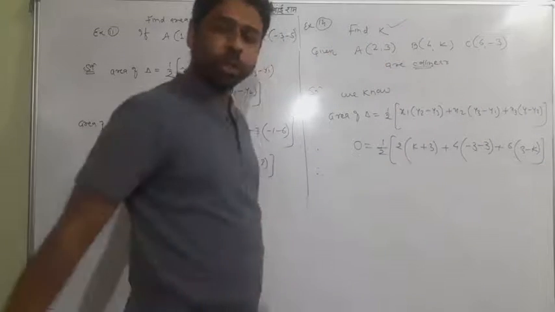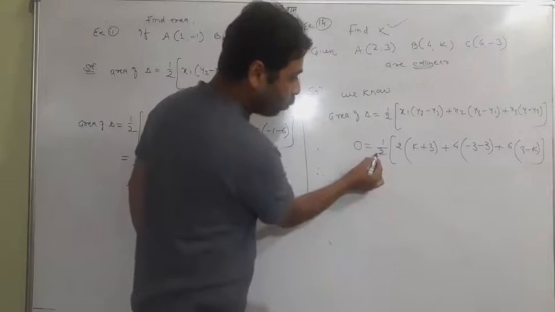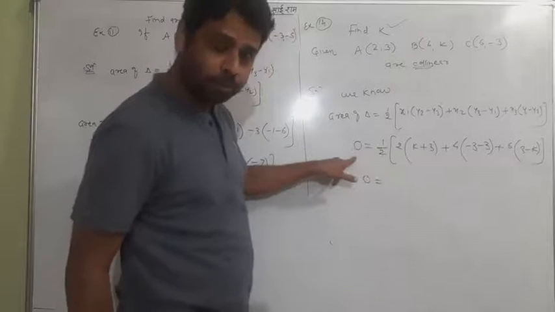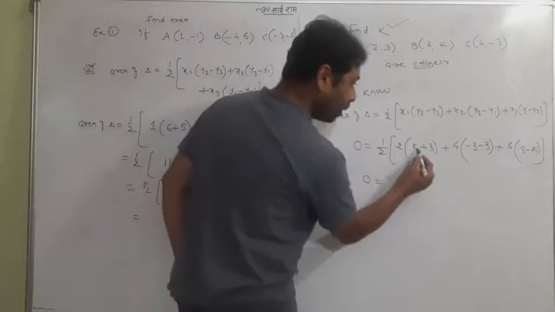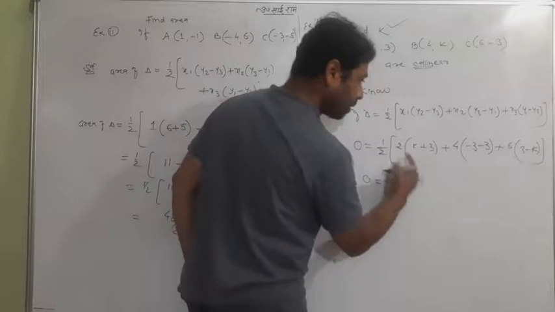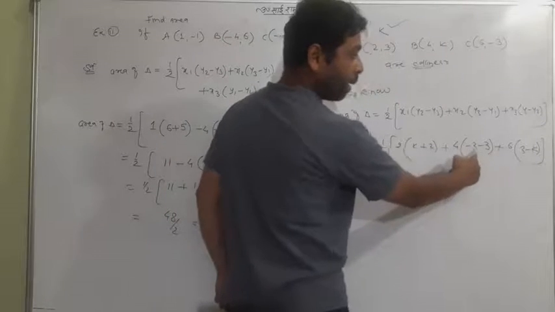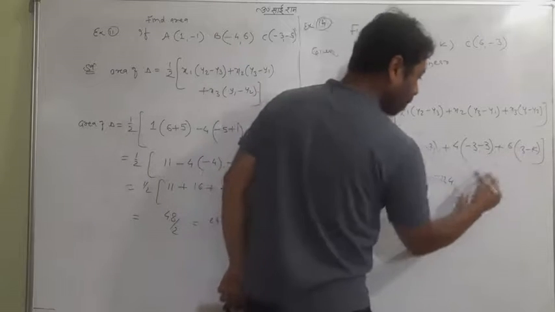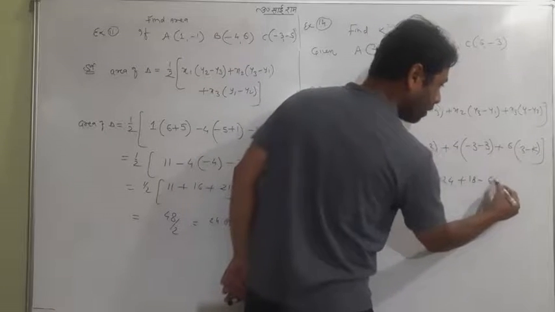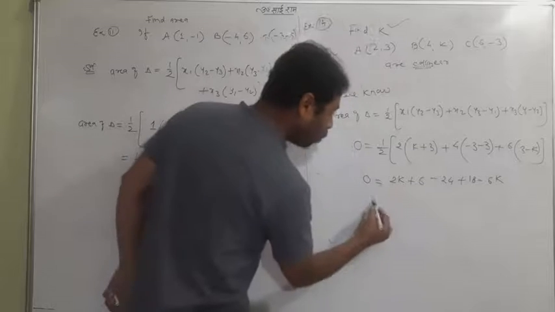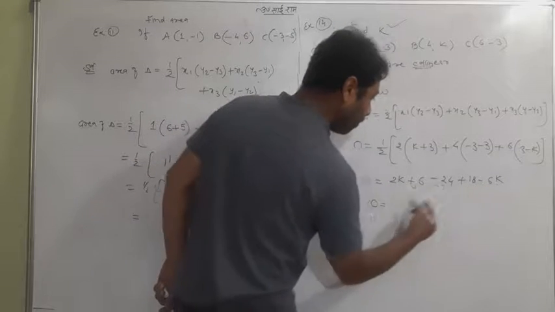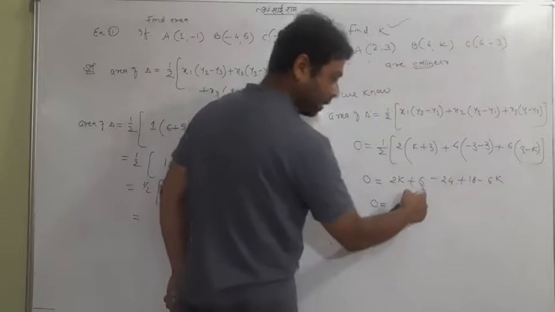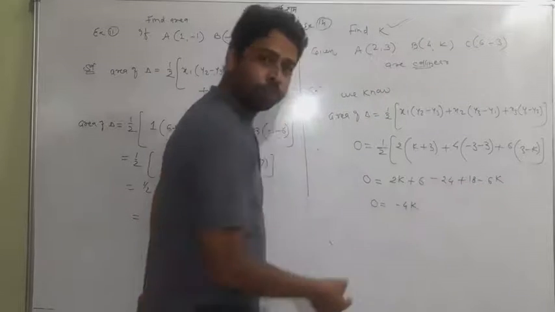This equation equals 0; transfer the half to the other side and cross multiply with 0. Now multiply: 2k plus 6, then -6 times 4 is -24, and 6 times the bracket gives 18 minus 6k. Now 2k and -6k give -4k, and 6 minus 24 plus 18 is 0.